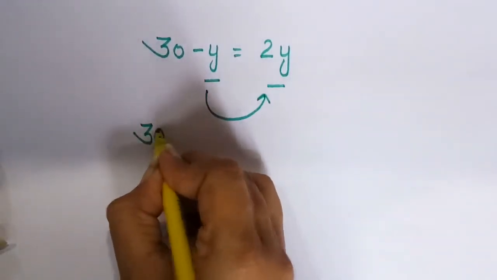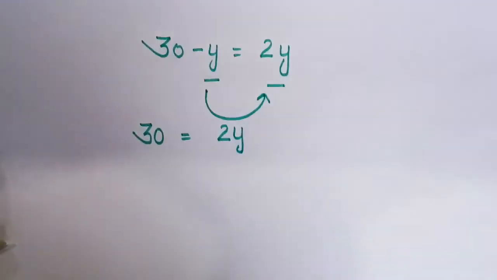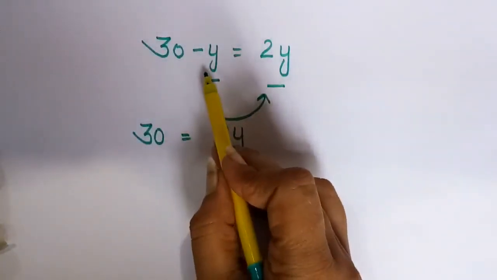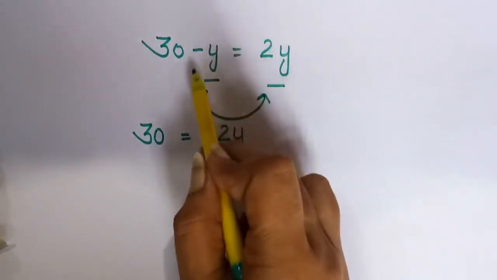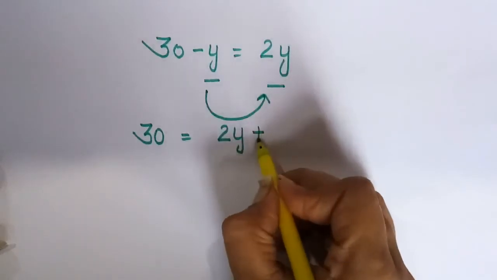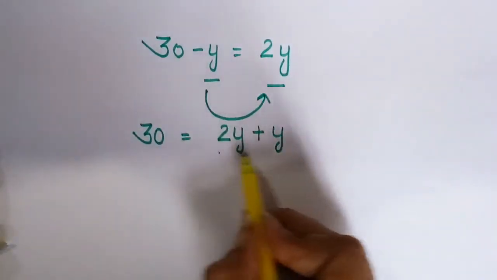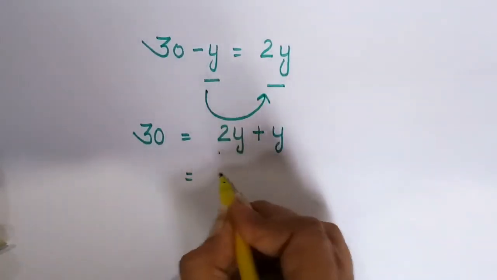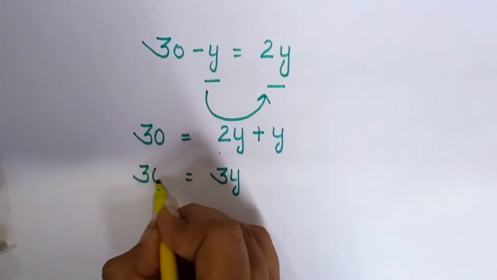So it can be written as 30 is equal to 2y plus y. As a result, negative sign changes into positive.